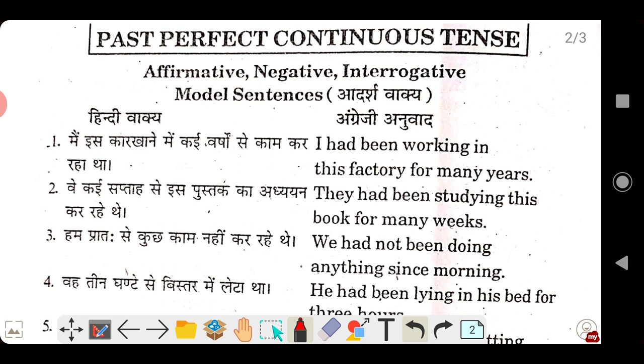We will discuss affirmative, meaning positive sentences, and negative, interrogative, and modal sentences as well. As you can see, on the left side you will see the Hindi translation, and on the right side the English translation. But I request you, please focus on the English translation, not on the Hindi translation, because whenever you think in Hindi, your mind will work in Hindi, and there will be a problem.